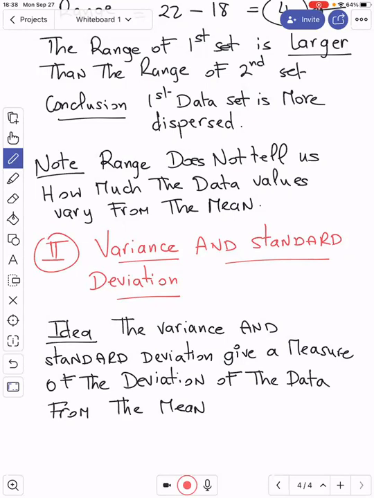I'm going to show you how to compute the variance and the standard deviation.